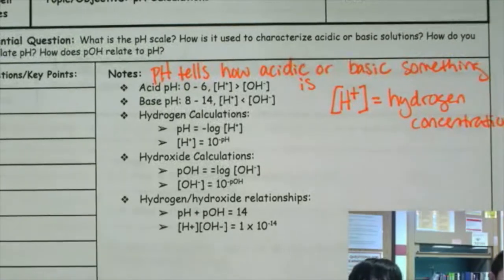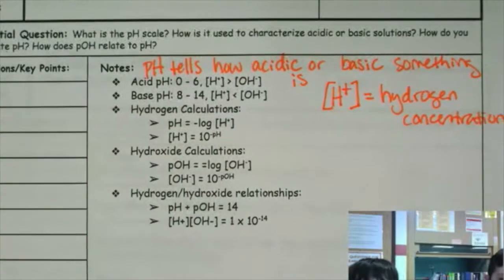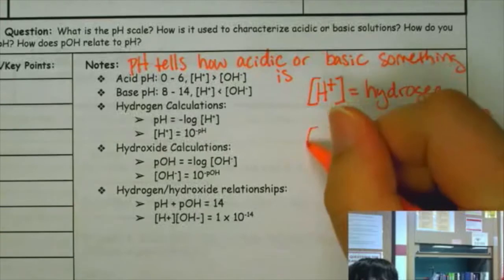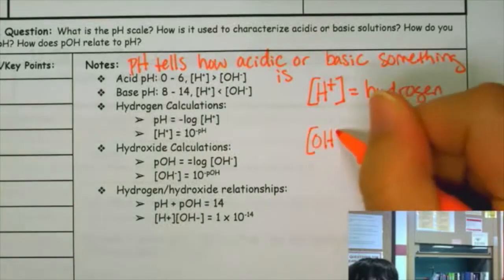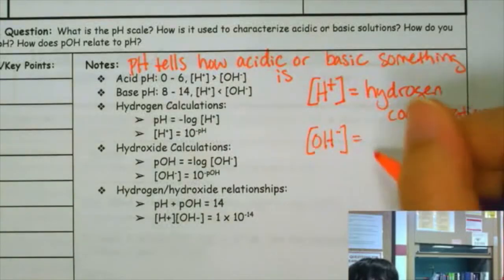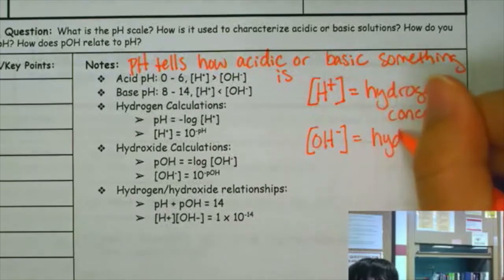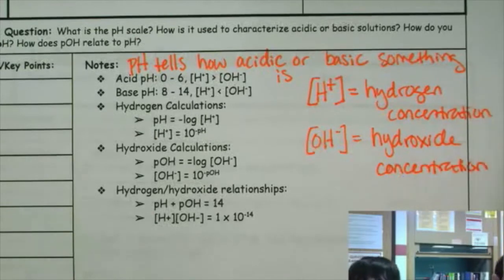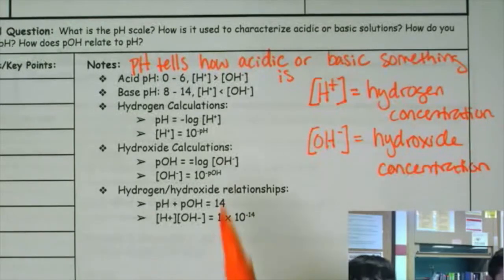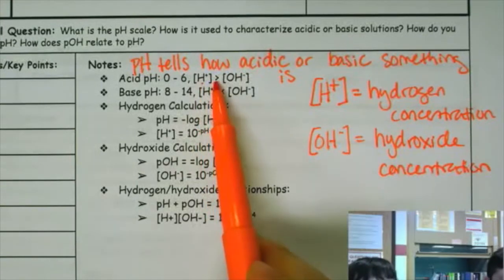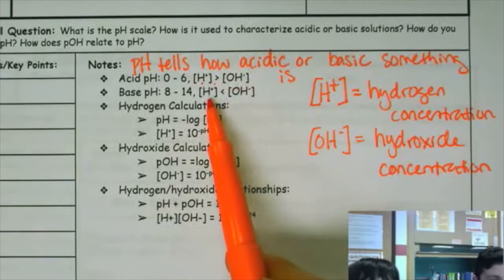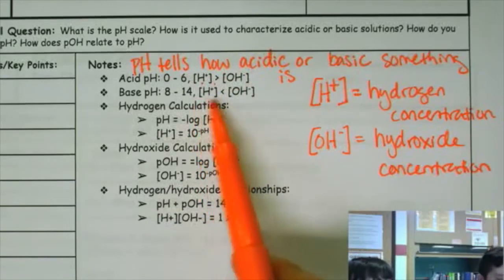And then the OH in brackets is concentration of OH minus, which means hydroxide concentration. So when the concentration of hydrogen is greater than the concentration of hydroxide, you've got an acid. But if the concentration of hydrogen is less than hydroxide, it's going to be a base.